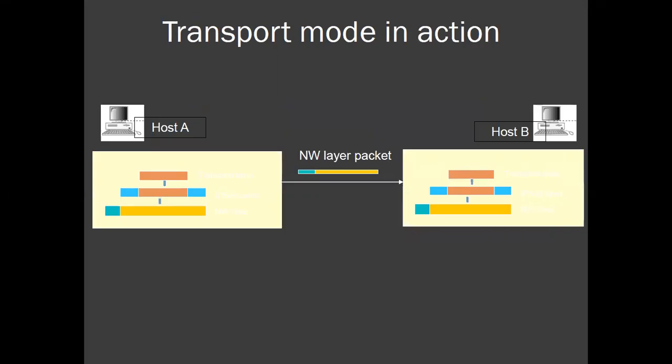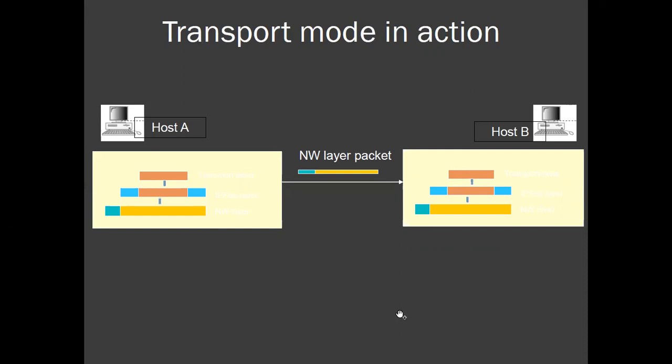Transport mode is normally used when we need host-to-host or end-to-end protection of data. The sending host uses IPsec to authenticate and encrypt the payload delivered from the transport layer, and the receiving host uses IPsec to check the authentication, then decrypt the IP packet and deliver it to the transport layer.